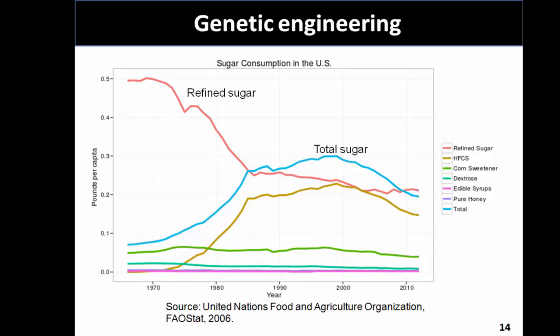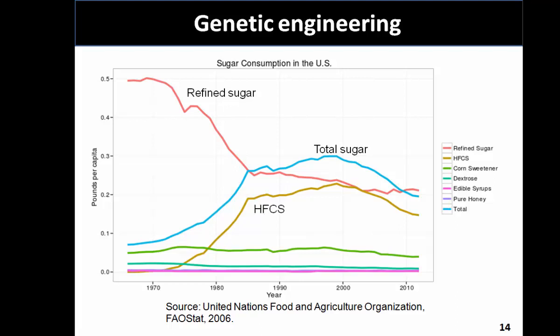However, refined sugar is just one type of sugar. In terms of total sugar consumption, from 1970 we see a fast increase, then a slower increase and an eventual slow decay as the effects of high sugar consumption on human health have become understood. Nevertheless, over the time where refined sugar decreases, total sugar consumption increases.